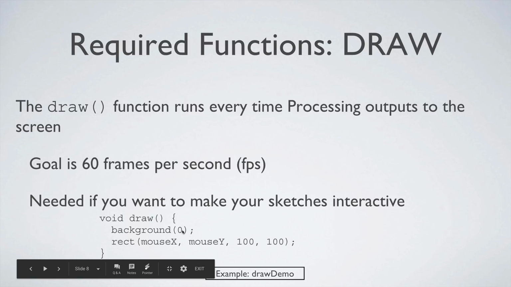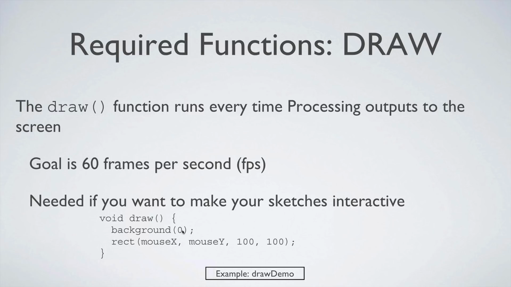So background(0) basically blanks the screen out and makes it all black. Then you say rect(mouseX, mouseY, 100, 100), and that will draw a rectangle that is 100 pixels wide and 100 pixels high at the position mouseX, mouseY.